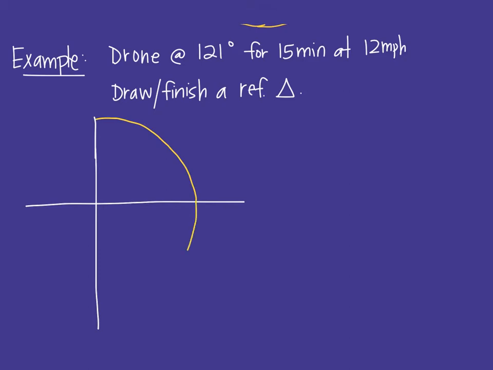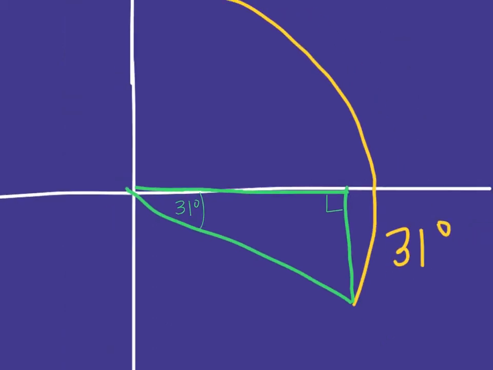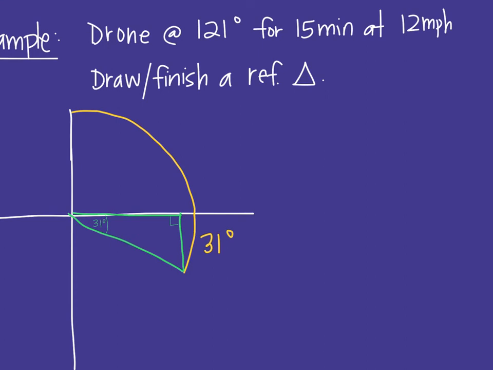How much more? 31 degrees. My reference triangle then would be created like that. And because I'm in that quadrant, 31 is the value of the corner angle here. That's the drawing of the reference triangle.